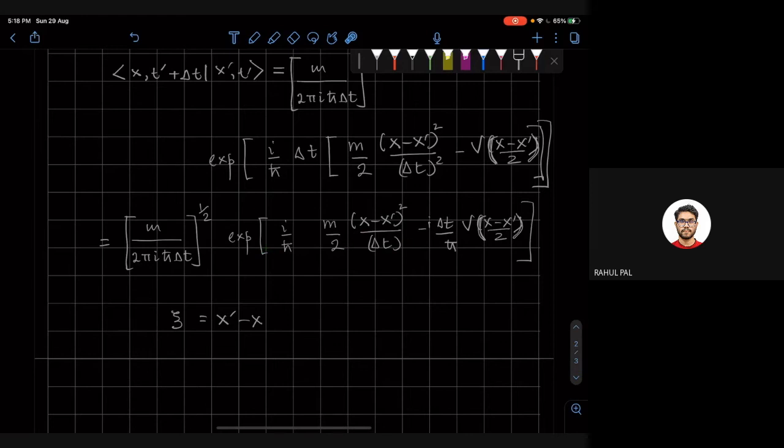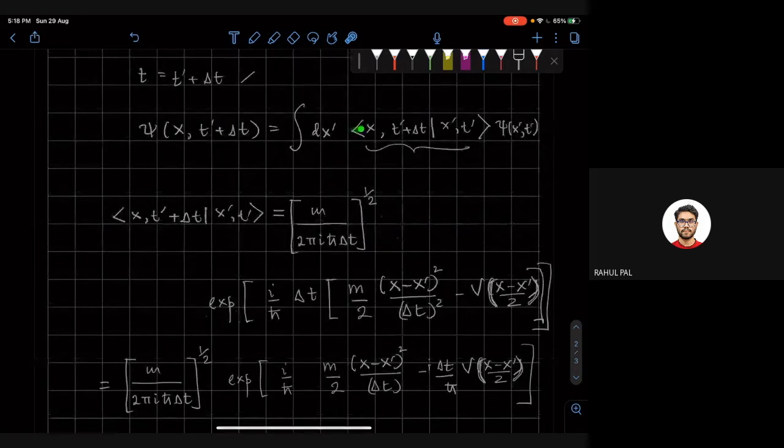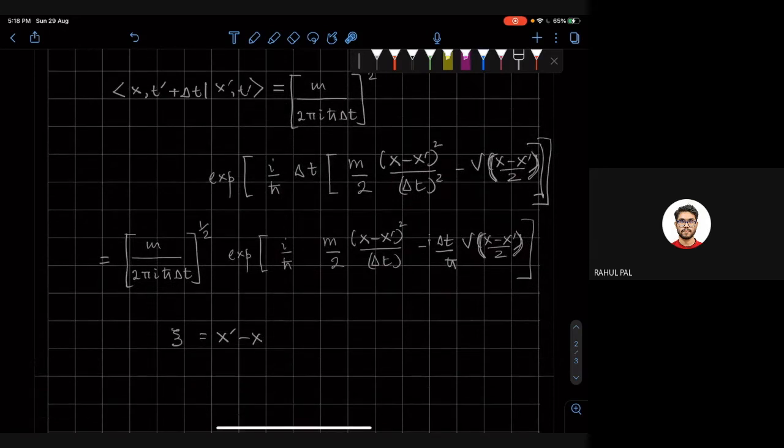So in that integral that we were doing here, most of the contribution will only come from the narrow region in which x and x prime are almost the same.